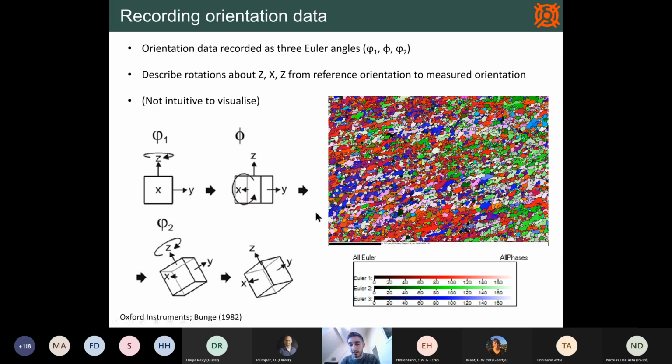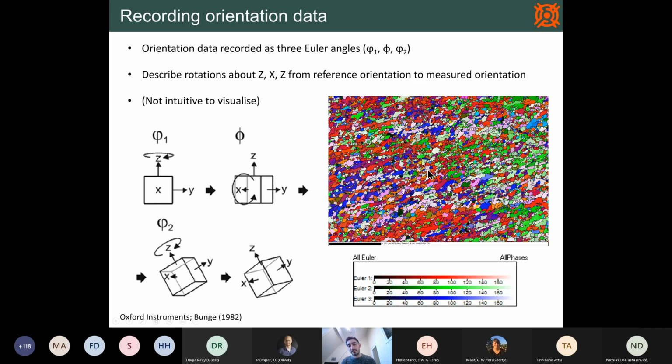To visualize the data, one first step would be simply to give each Euler angle an RGB value, and then we can put some colors on the map and map out the microstructure. So this is good because subtle changes in orientation give us quite a large change in color, but it's bad because it's really difficult to actually intuit what the crystal orientation is.